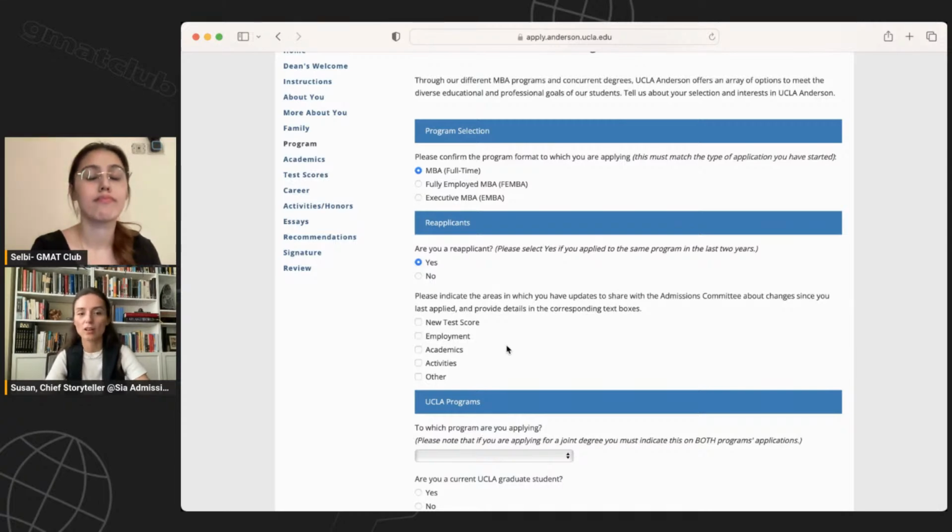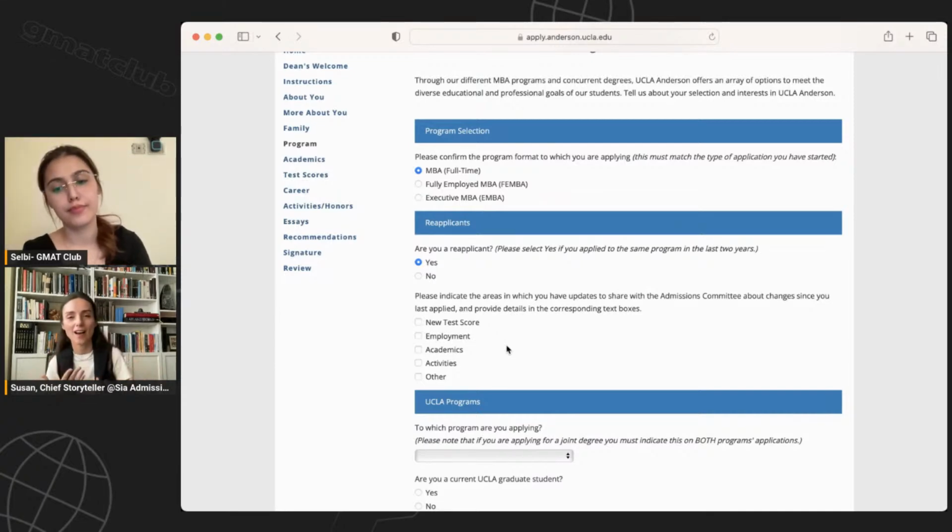A new test score, a new class, you've taken the Harvard Business School's CORE, for example, to showcase that you are academically ready, you would include that information in there. If you volunteered or are on the board of some kind of nonprofit that matters, you would include that information here, or any other significant changes that have happened.